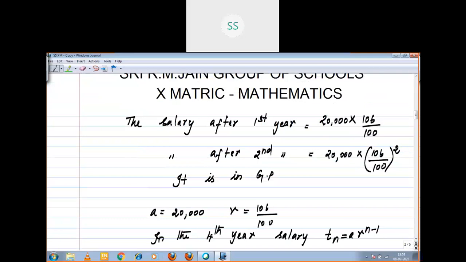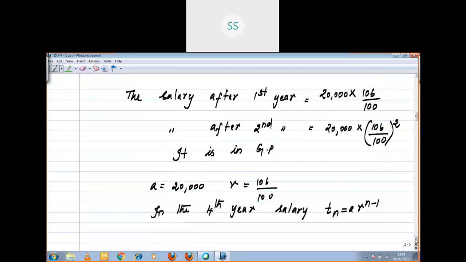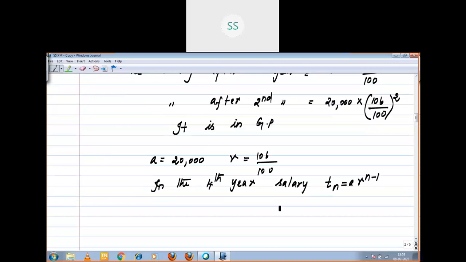That means T4 equal to A into R power 4 minus 1, A into R power 3. That means 20,000 into 106 by 100, the whole cube.